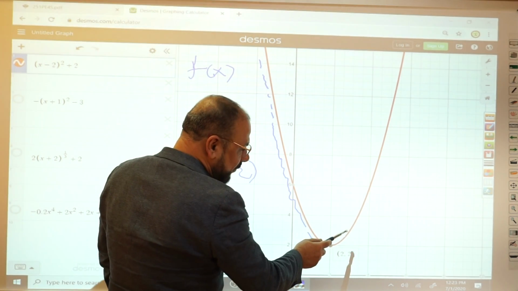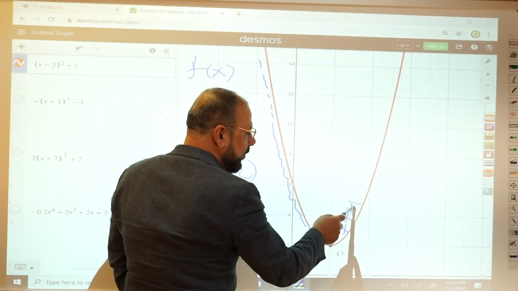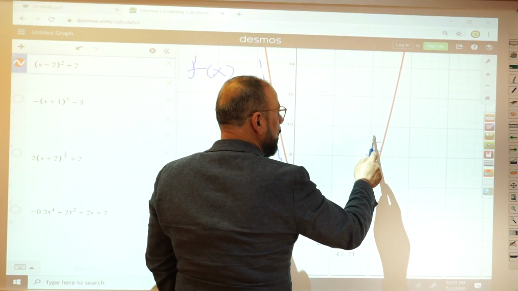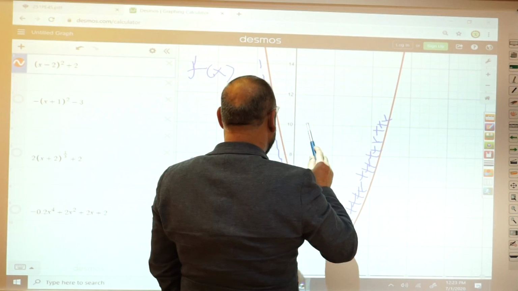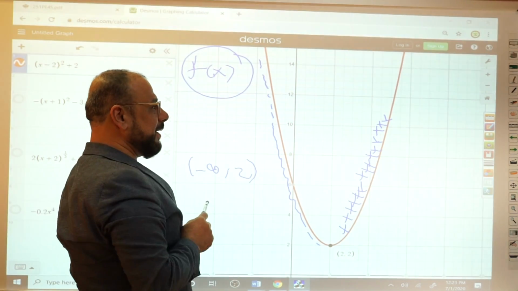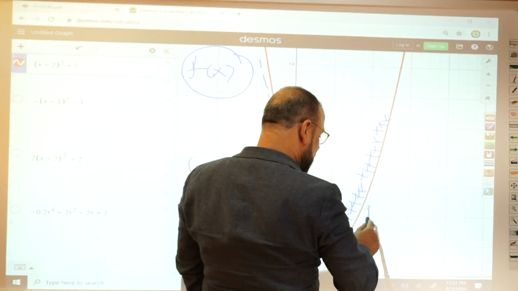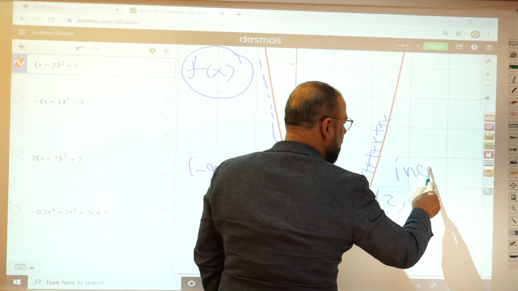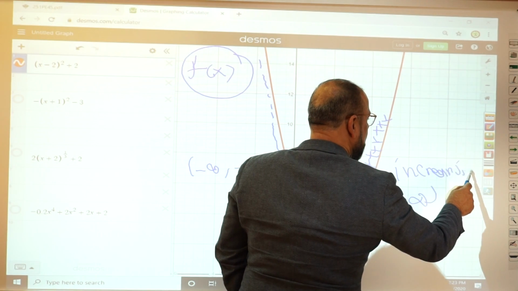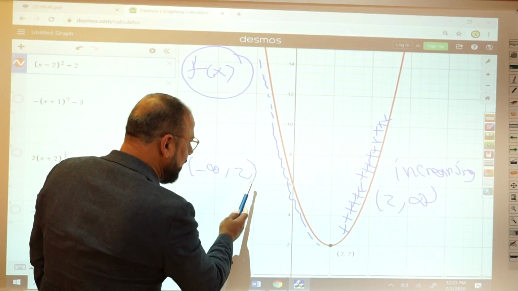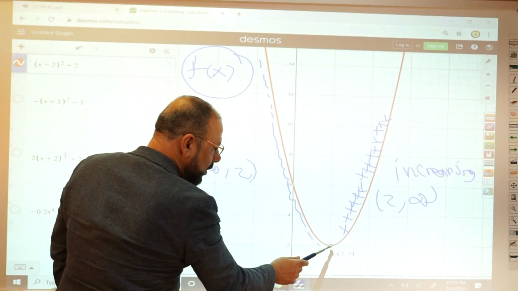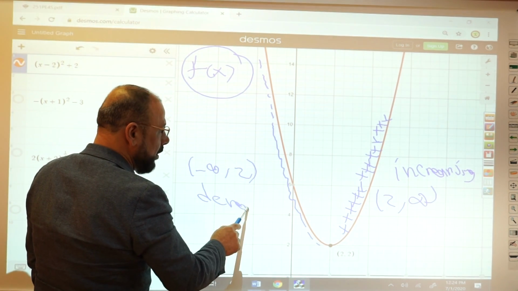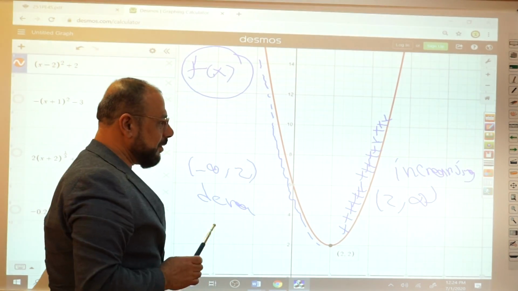Then after that, the function starts to increase. From 2 to infinity it is increasing. So from negative infinity to 2 it is decreasing, stopping at 2, then after that increasing. Okay, good.